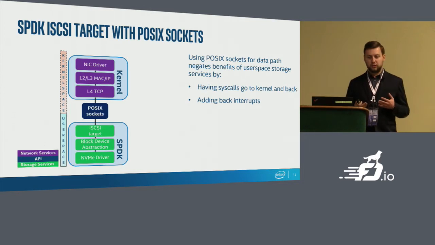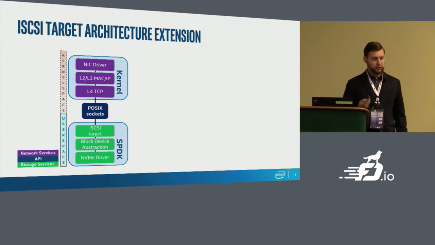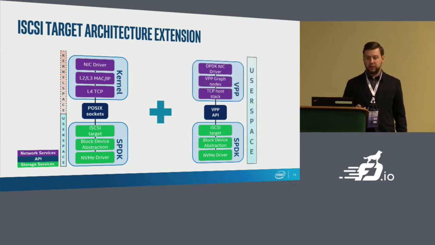This means that you have syscalls going to the kernel and back, as well as reliance on interrupts within the SPDK iSCSI target. So we chose to search for a user space solution to replace, or add as an alternative to, POSIX sockets, and we came across VPP, which adds exactly that, but keeping everything in user space from top to bottom.